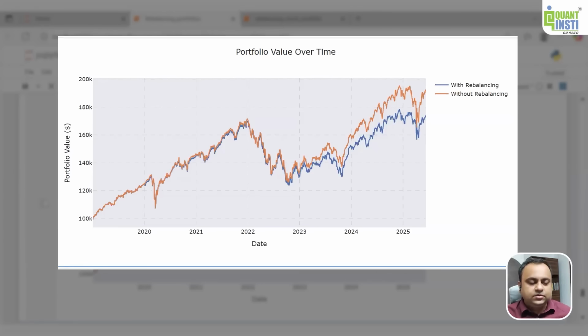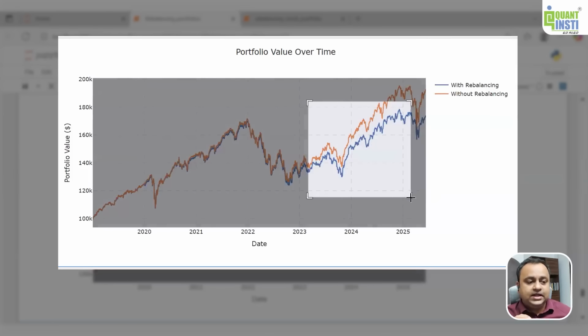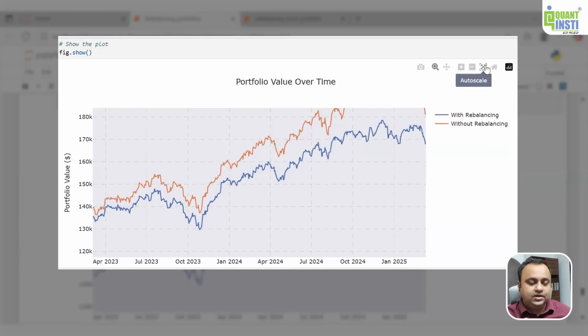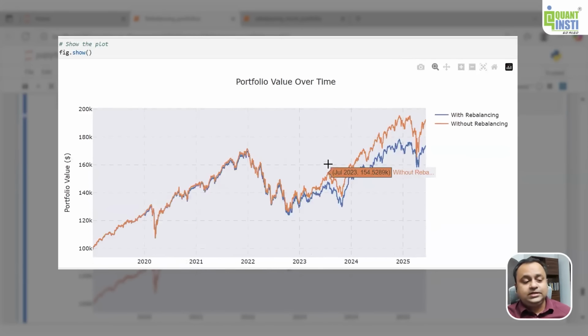Now, if you look at these two graphs, you can see that the orange line is the portfolio where there has been no rebalancing, and this blue line is the portfolio which has actually got rebalanced. So, upon looking closely, although you see that the orange line has actually behaved in a way that it is going to give us more returns, the argument could easily be, why don't you just not rebalance the portfolio?